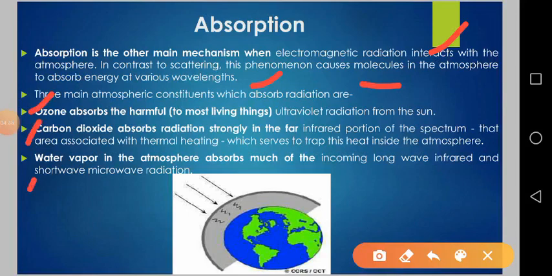Ozone absorbs the harmful ultraviolet radiation from the sun, as you know. Carbon dioxide absorbs the radiation strongly in the far infrared portion of the spectrum. Similarly, water vapor in the atmosphere can absorb much of the incoming long wave infrared and short wave microwave radiations. So these are the three major constituents which can absorb the electromagnetic radiation.